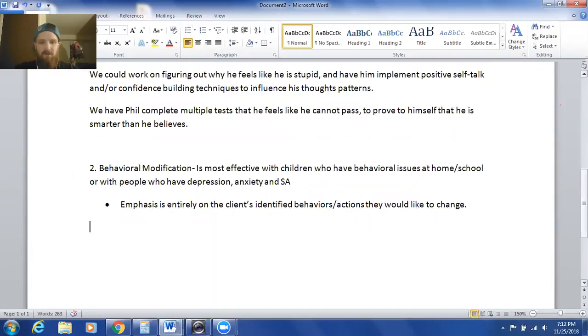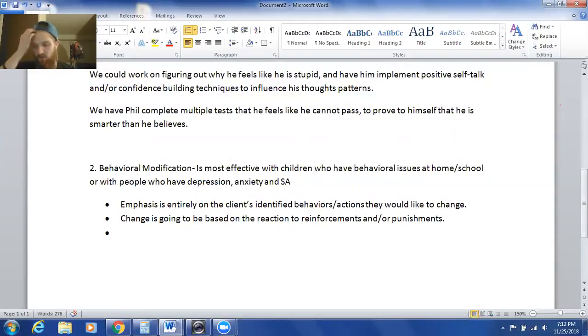So this is where change is going to be based on the reaction to reinforcements and or punishments.